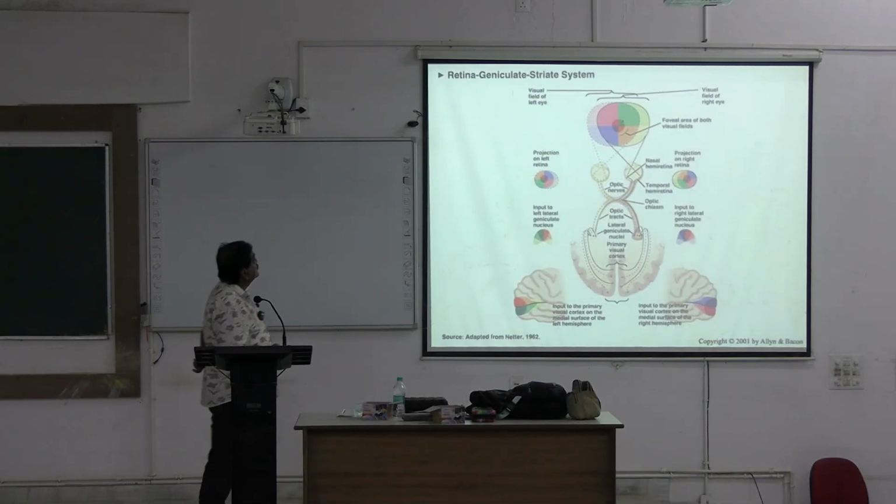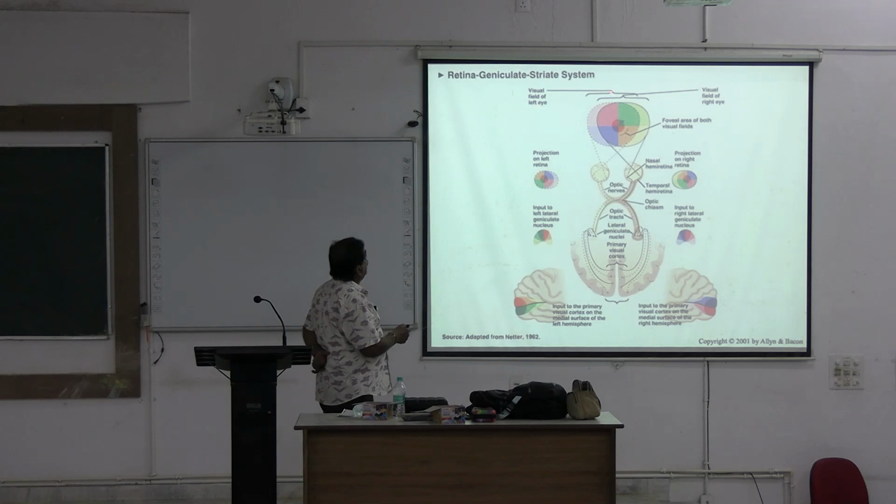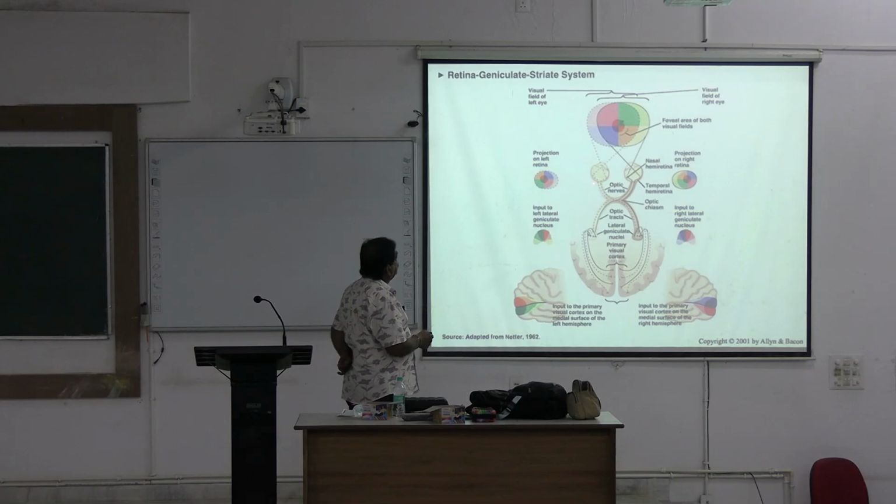Now, retina geniculate striate system. Visual field of the left eye and visual field of the right eye. Foveal area of both visual fields. Now, projection on the left retina.